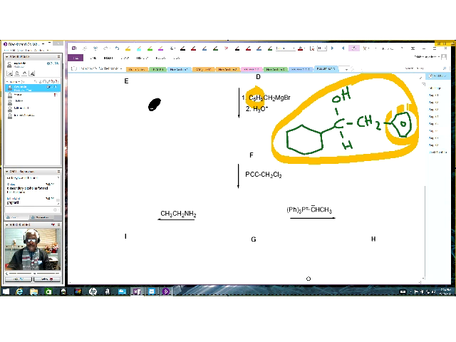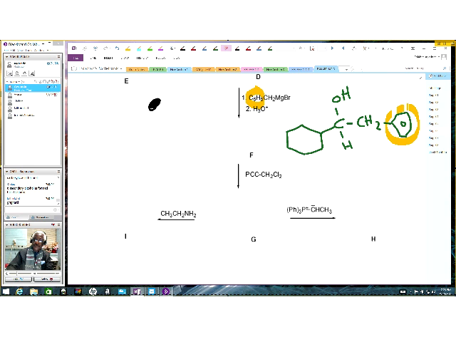We have 3 more reactions here. Now, what are they asking us to do here? We now want to react this reagent PCC. Keep in mind the methylene chloride here is just a solvent.